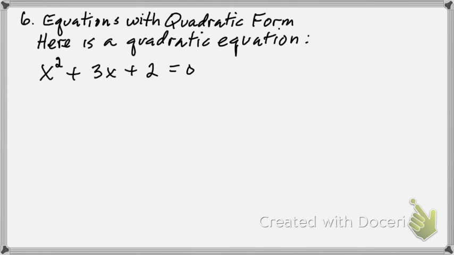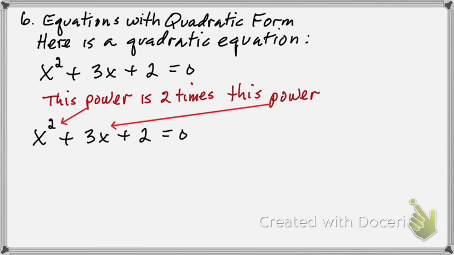Okay, here are a couple of things about this quadratic equation. It's quadratic because why? We've got x to the second power. But something you might not have thought about before is that second power is twice as big as the power that x is in the middle here.